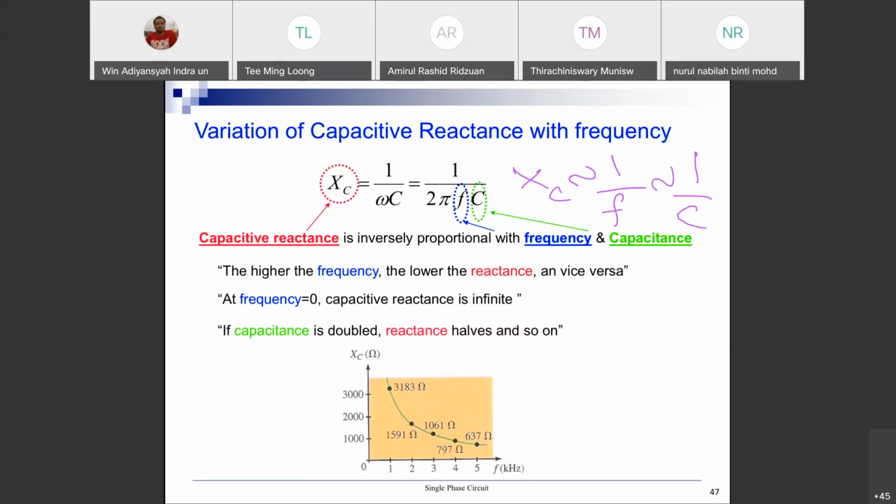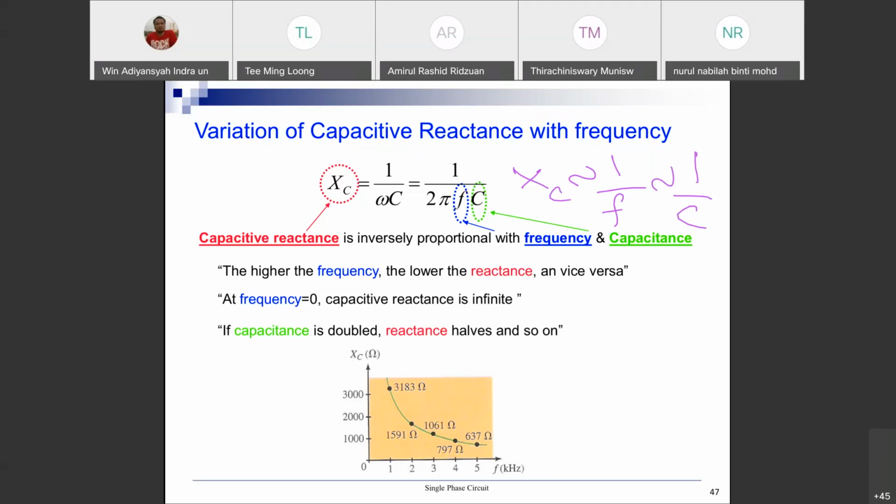Inverse relationship. So if you increase F, XC will decrease. If you decrease C, XC will increase. So it's the opposite.